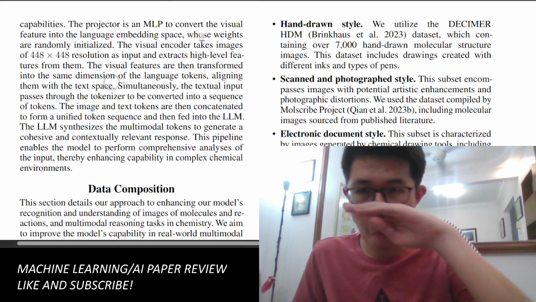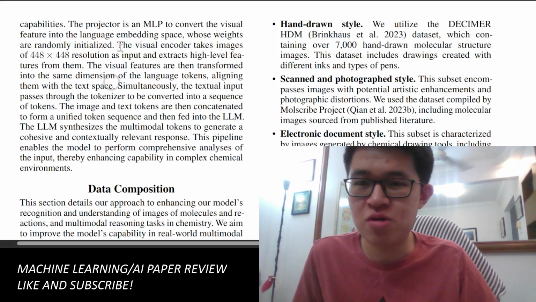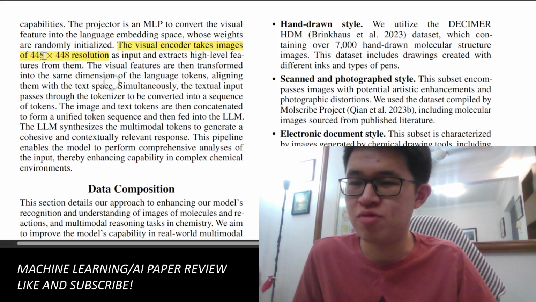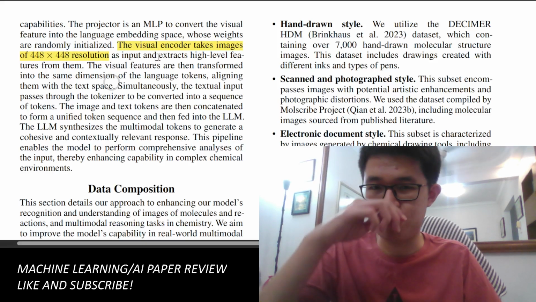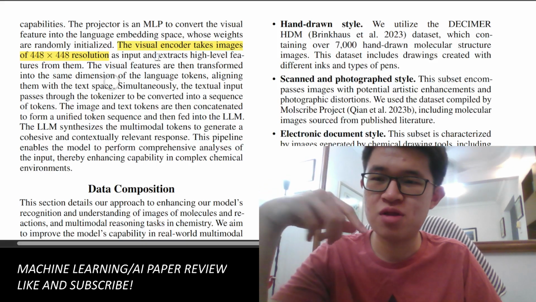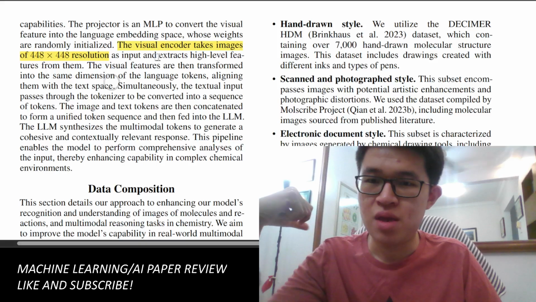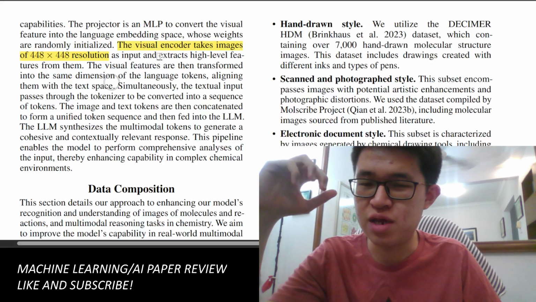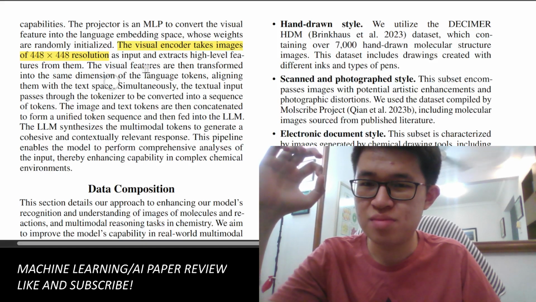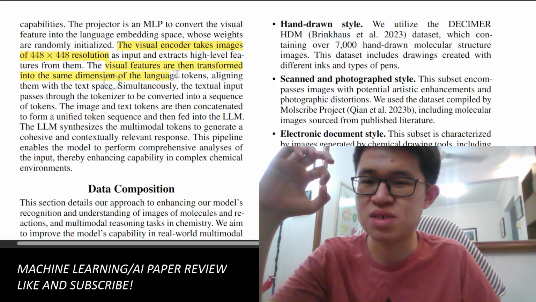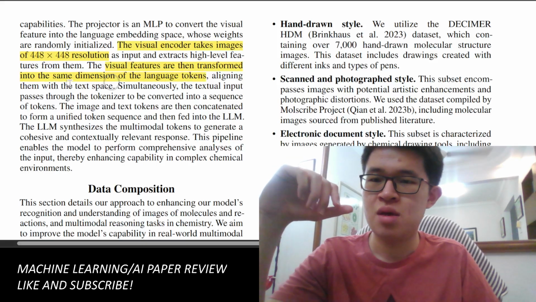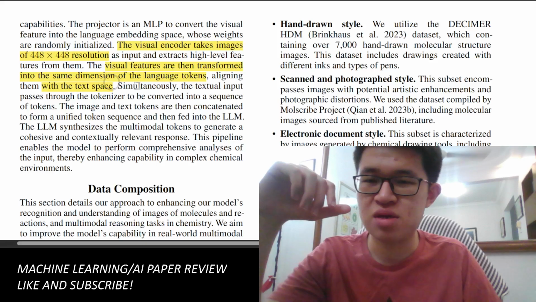Now they have more information here. The vision transformer takes in images of size 448 by 448 as input, so you probably want to reshape to this resolution. The visual features are then transformed into the same dimension as the language tokens, aligning them with the text space.